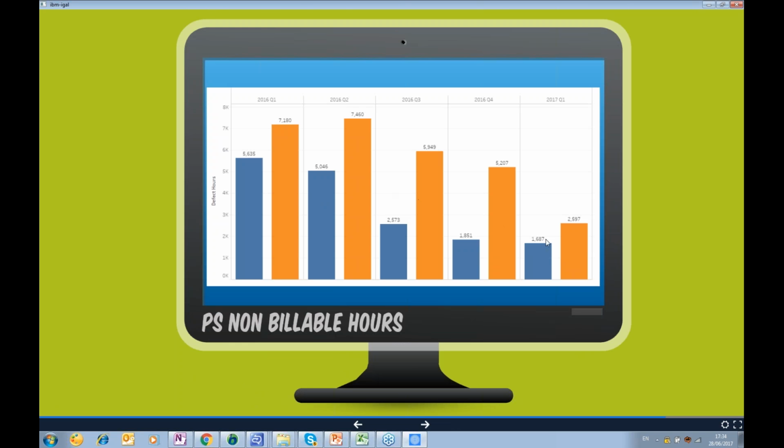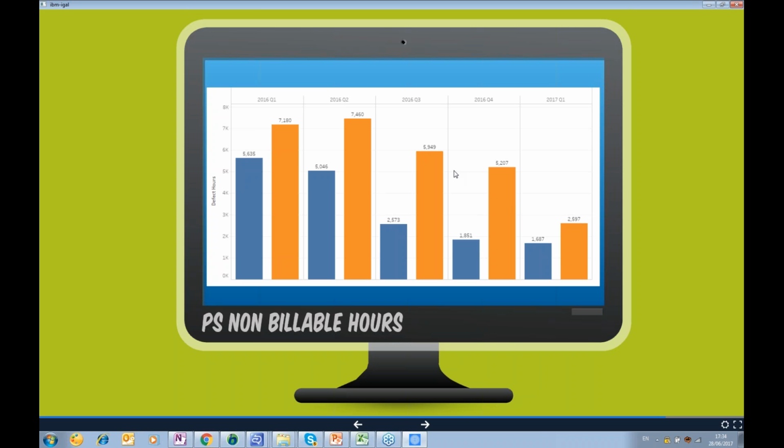Here it's the PS non-billable hours. When we are going to implementation, the professional services report defects, and there was always a complaint that the quality of the product was causing delays on the implementation, and we can understand the impact on that and on the customer, of course. What we can see here is that since we started with Agile, we can see a reduction in the amber bars, a reduction on the product issues.